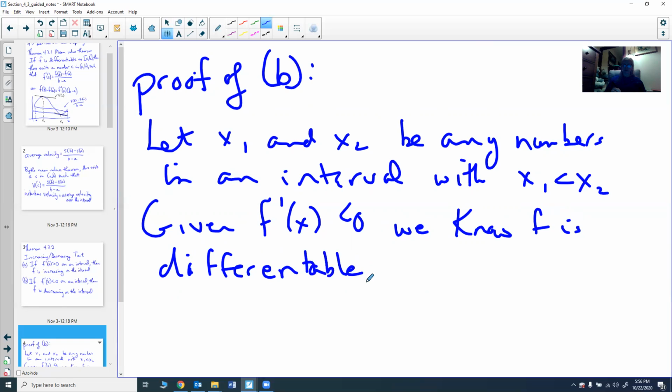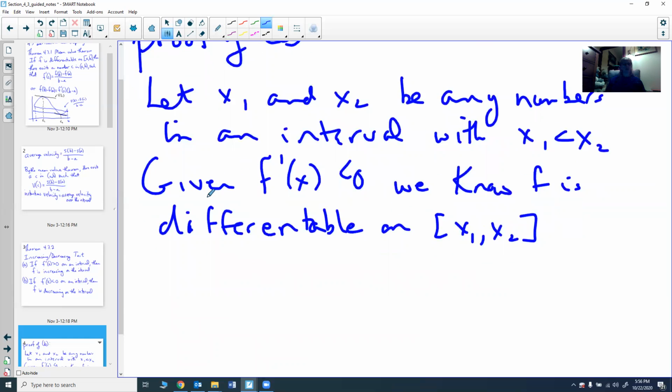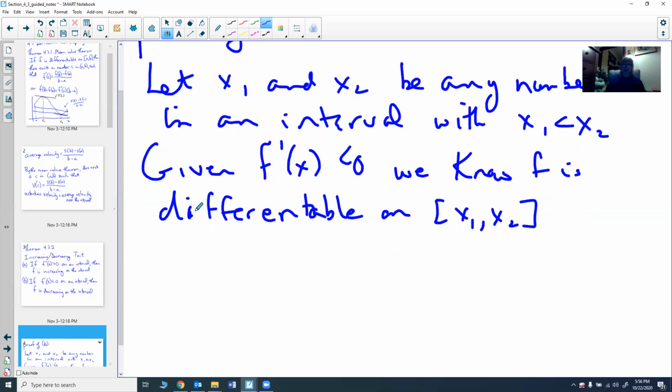So it must be differentiable on the closed interval x1, x2. If you remember, that was the assumption behind the mean value theorem, that f was differentiable on an interval. So we are setting up to use the mean value theorem.